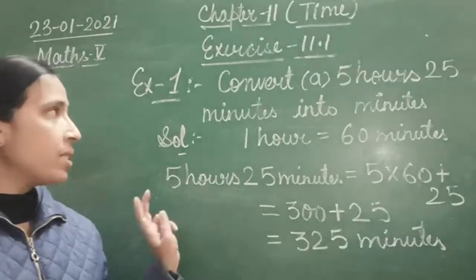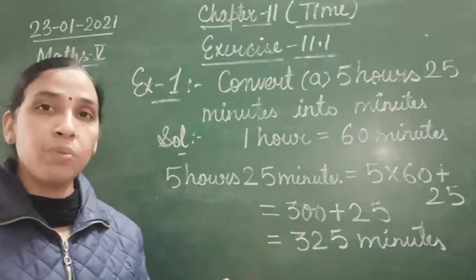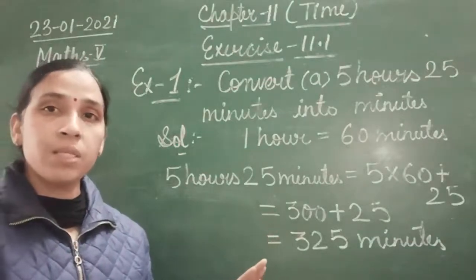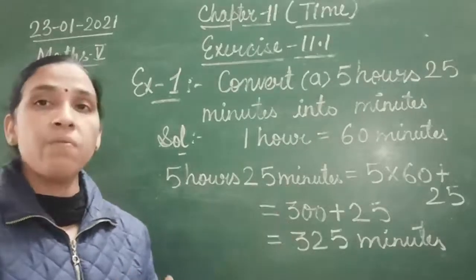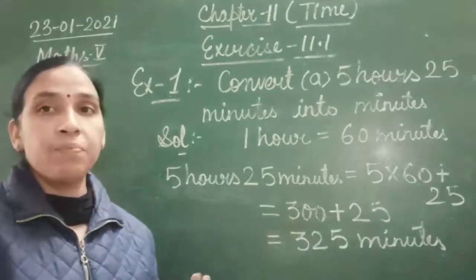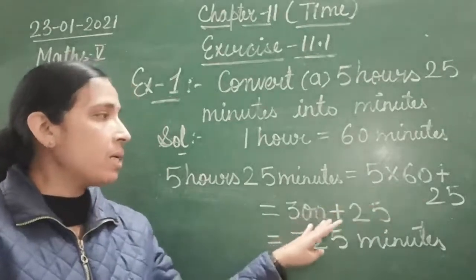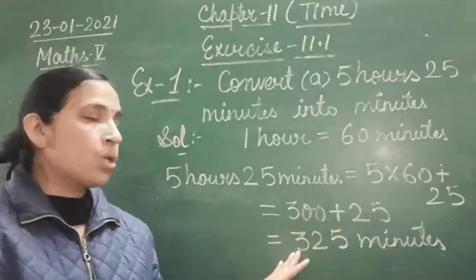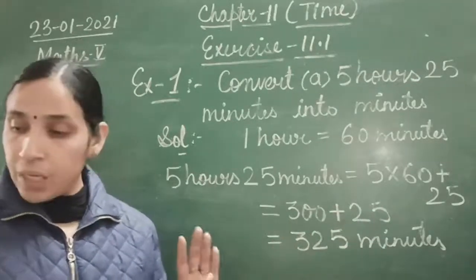In this question, 5 hours 25 minutes changed into minutes, 1 hour is equal to 60 minutes, so 5 multiplied by 60 plus 25, 300 plus 25. The total will be 325 minutes.